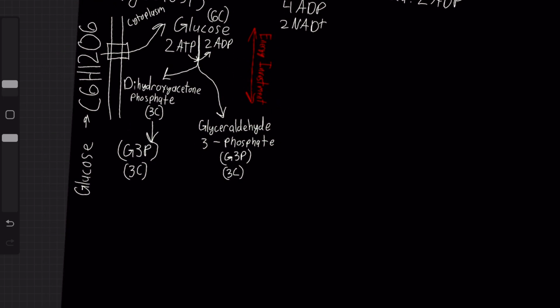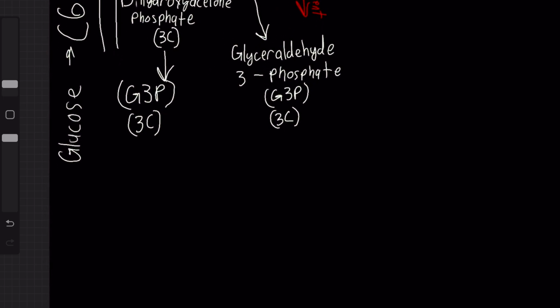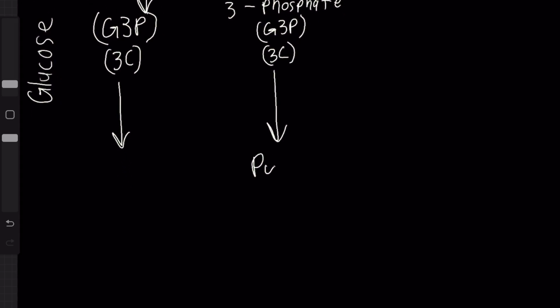Now, for the final step of glycolysis, it's going to go down into pyruvate, which is again a 3 carbon on both sides.